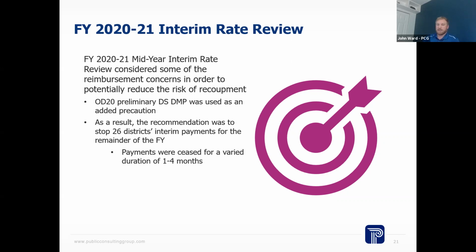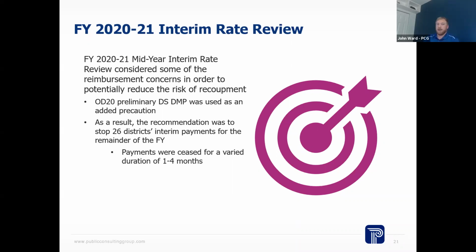As a result of this, and as a result of the mid-year rate review, we have a very rough estimate of what your cost settlement could be. Using that OD20 percentage, 26 districts were flagged. I believe there were 57 total participating districts in FY21, so just about half were flagged as being in a possible recoupment situation.